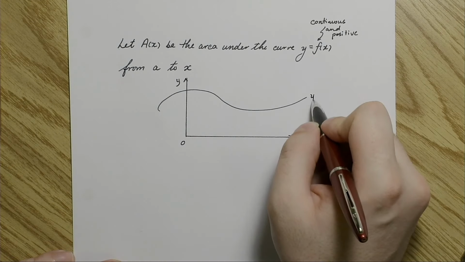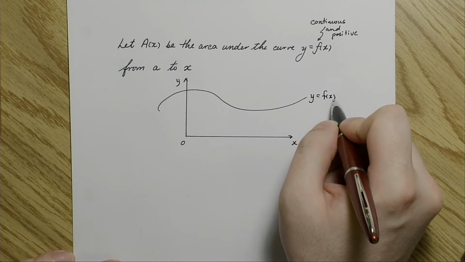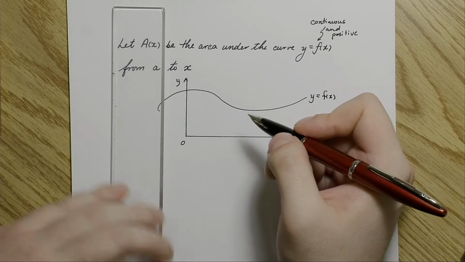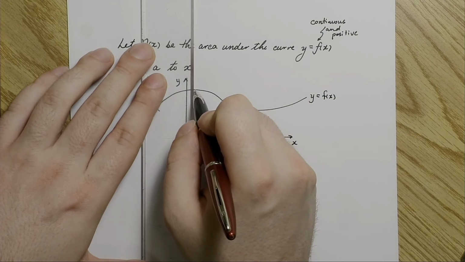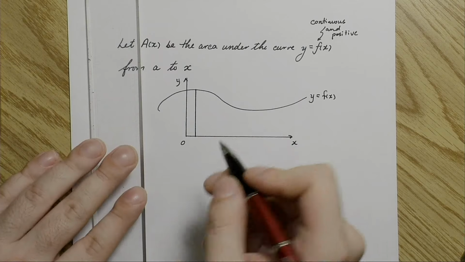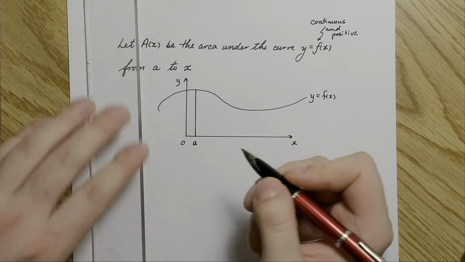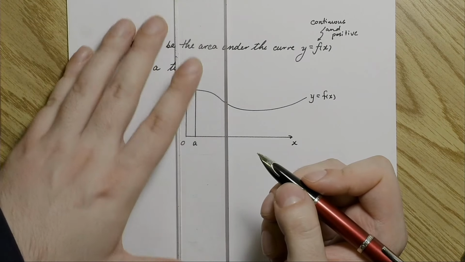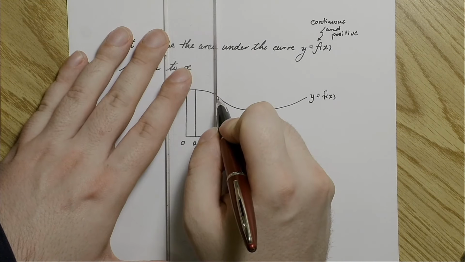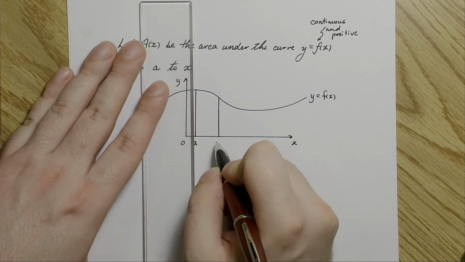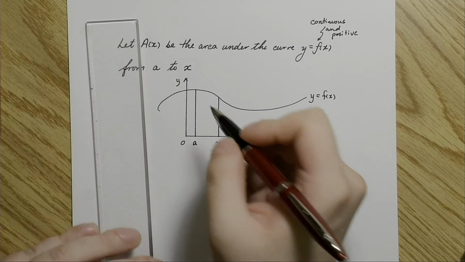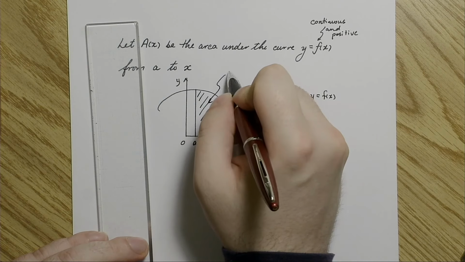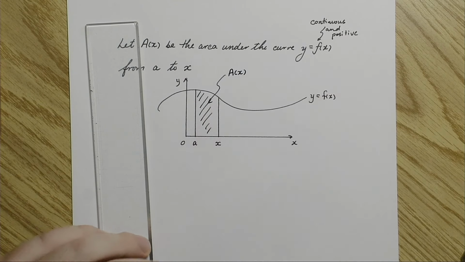And this is y equals f of x. And we start at, say, right around here, and what I'm going to do is probably pick right around here. We'll call this x. So this area in here, that is A of x.